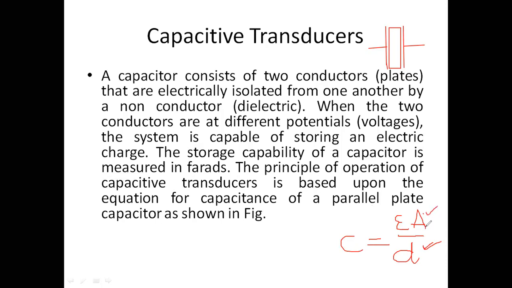Epsilon is permittivity, where epsilon can take the form epsilon equal to epsilon naught into epsilon r, where epsilon r is the relative permittivity, and epsilon r equals 1 for air.